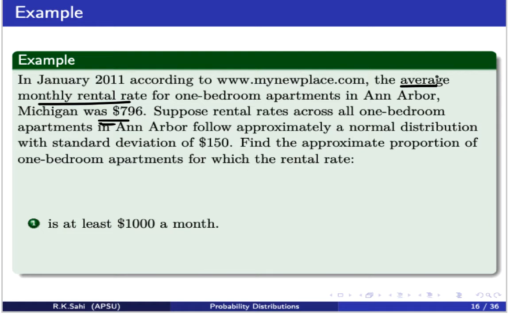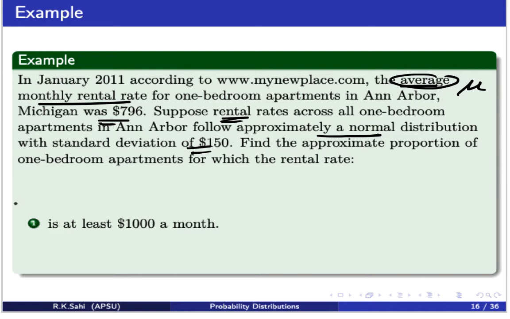The average means the mean. Now suppose the rental rates across all one-bedroom apartments in Ann Arbor follow approximately a normal distribution with a standard deviation of $150. Find the approximate proportion, meaning probability once again, of one-bedroom apartments for which the rental rate is at least $800 a month.